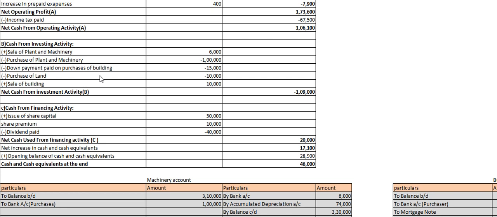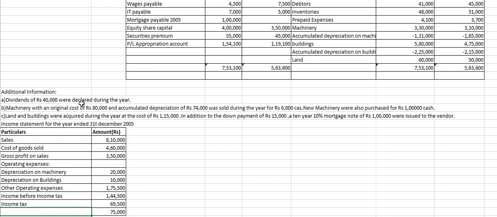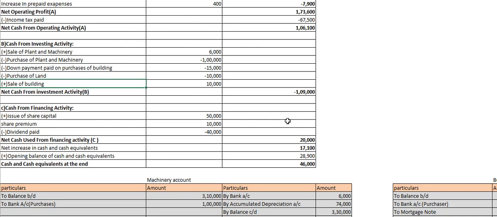Down payment paid on purchases of machinery, which is in your adjustment. You see your adjustment, land and building were acquired during the year at a cost of 1 lakh in addition to the down payment of rupees 15,000. So you'll minus that down payment paid on purchases of building, minus your purchase of land 10,000. So you get the balance as 1,09,000, which is nothing but your net cash from investing activities.